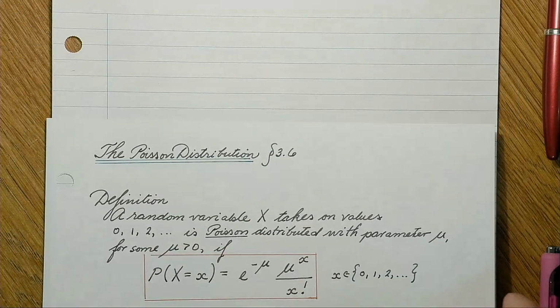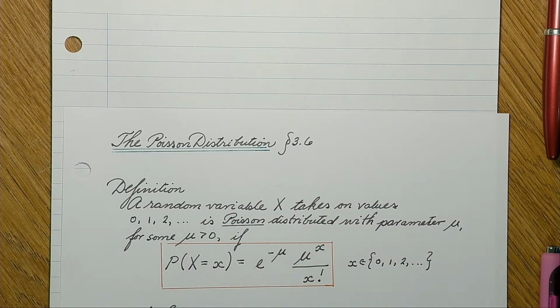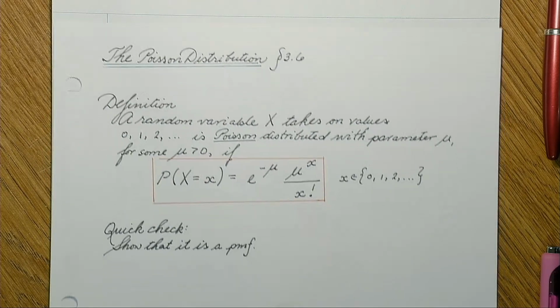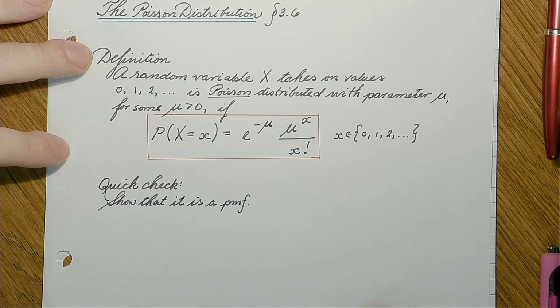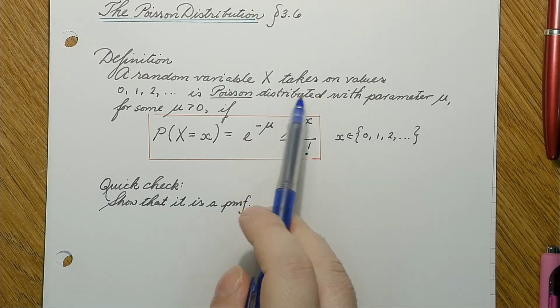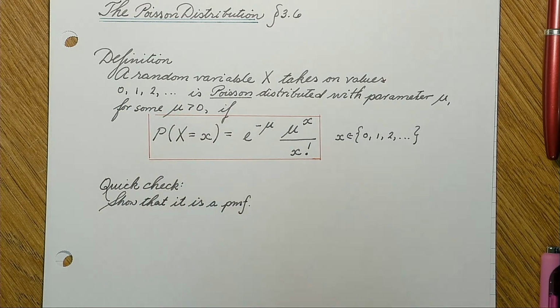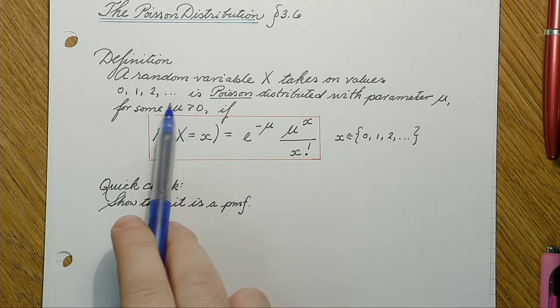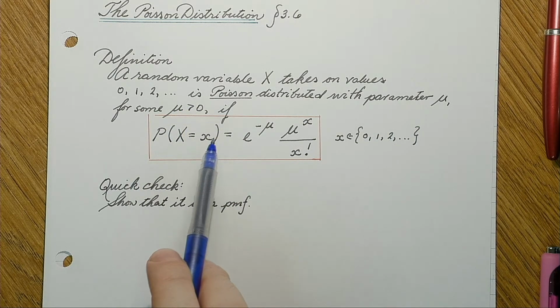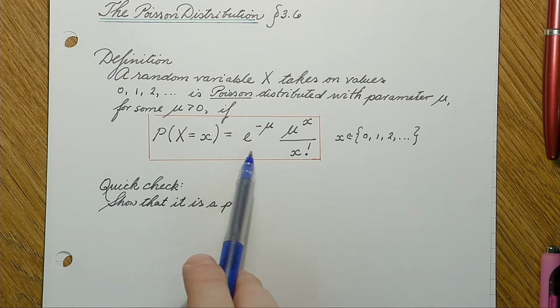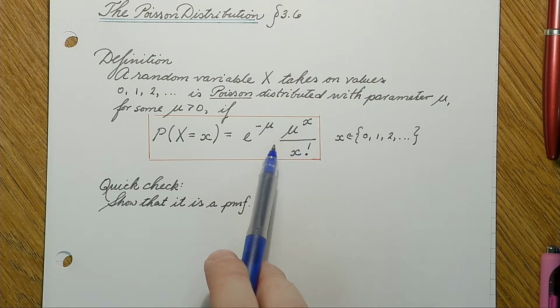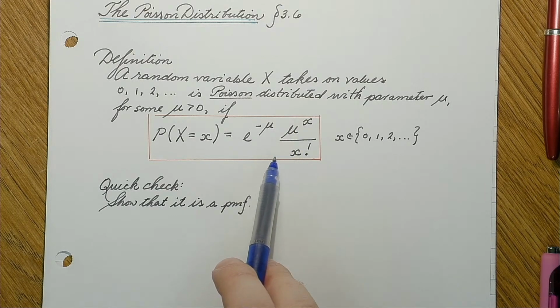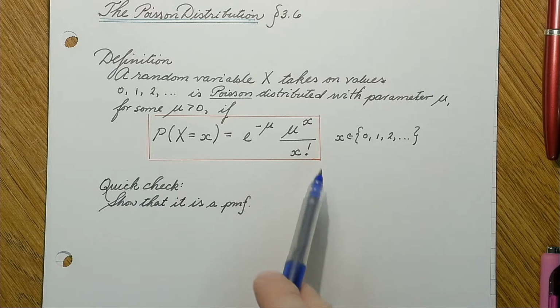Okay. Now we can move on to another distribution. This is called the Poisson distribution. And a Poisson distribution takes on values 0, 1, 2, 3, all the way up to infinity. It's Poisson distributed with a parameter mu for some positive mu. The PMF is e to the minus mu times mu to the x all over x factorial.